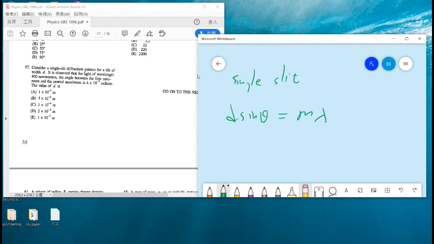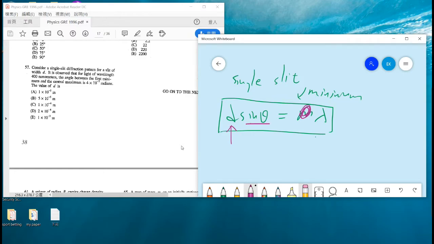This is for single slit diffraction, and this is for a minimum. So now m equals 1. Basically, you know sine theta because you know the angle in radians, and you know the wavelength, so you can calculate d.